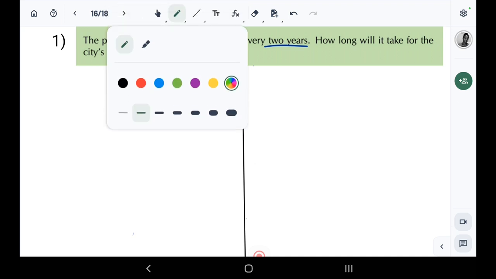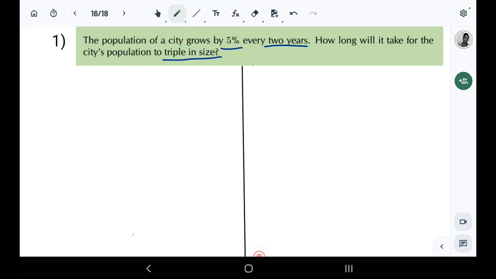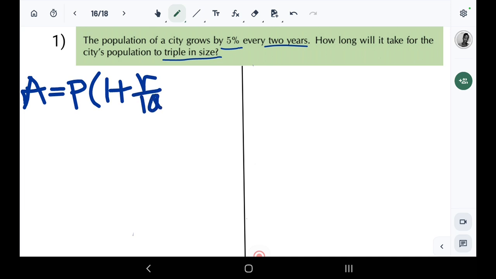All right, so we're using the compound increase formula that says the final amount, the final population, equals the initial population P in bracket 1 plus the interest rate over 100, R, all to the power of the time period N. Now let's figure out what all these figures are in this particular question.